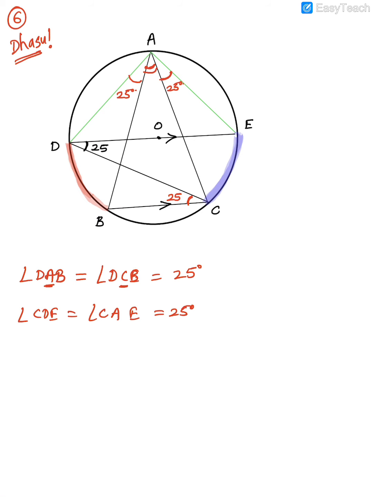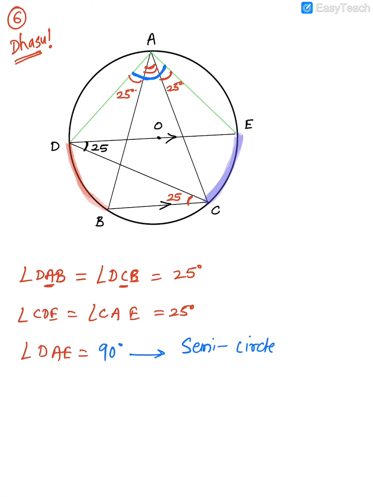Now think about it and tell me, what is the full angle DAE equal to? So this full angle DAE is equal to how much? 90 degree. Reason: angle inscribed in a semicircle is a right angle.